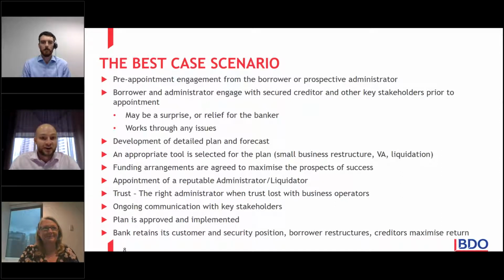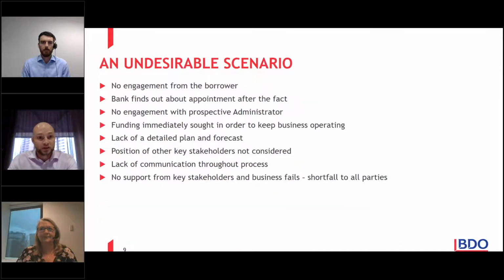And look, the best case scenario is the company restructures, it comes out the other end on a stable footing, the bank retains its customer as security, and creditors receive a better return than what they would in the alternative.